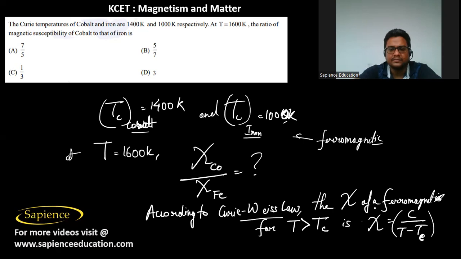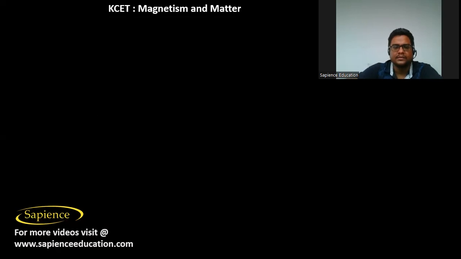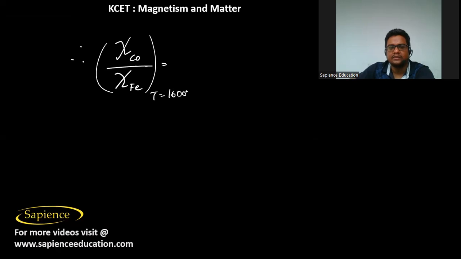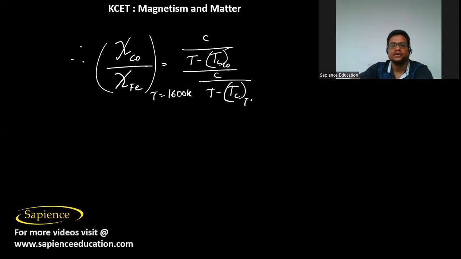Therefore, the magnetic susceptibility of cobalt by the magnetic susceptibility of iron at temperature T equal to 1600 Kelvin will be C by T minus Tc for cobalt, divided by C by T minus Tc for iron.